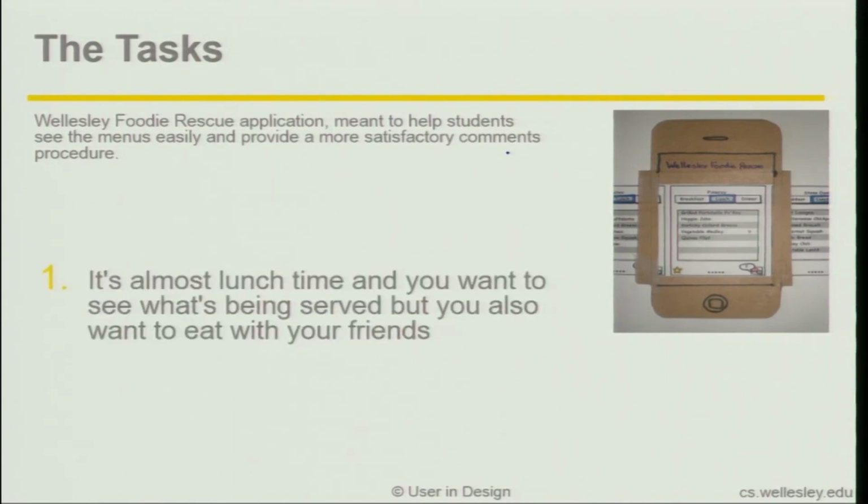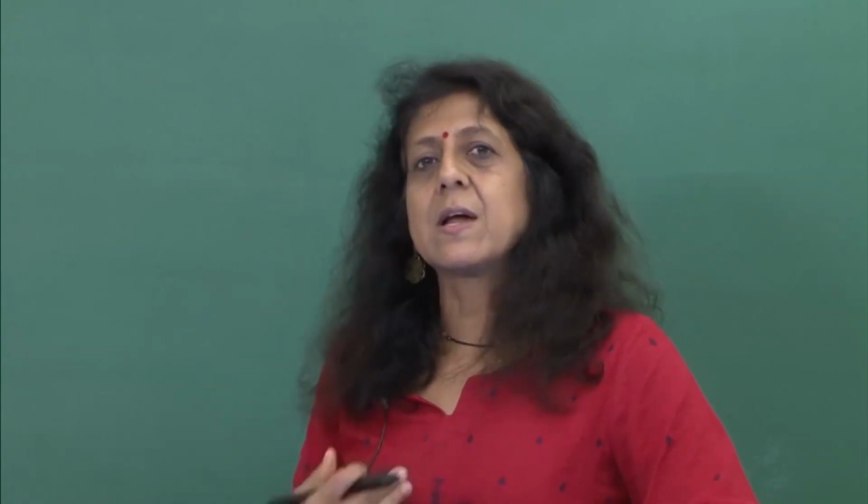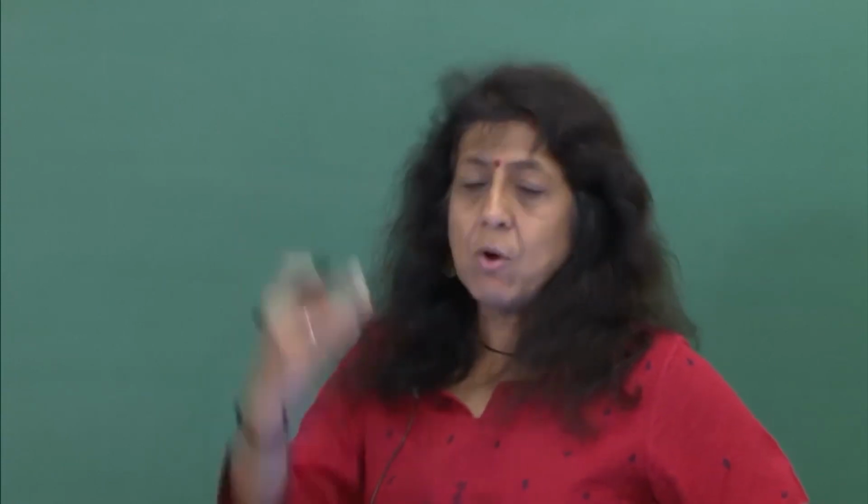Now let's look at some of the tasks that were designed. You've gone through the script, the initial protocol. You've told them to think aloud. You've told them that this is not about you, we are not testing you, there are no right and wrong answers, and all of those good things.